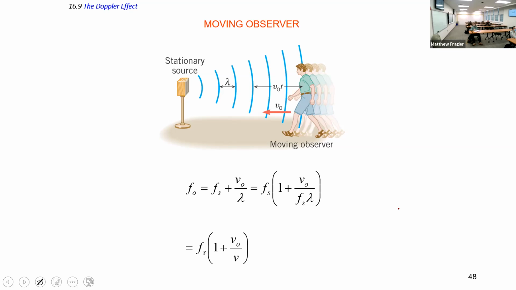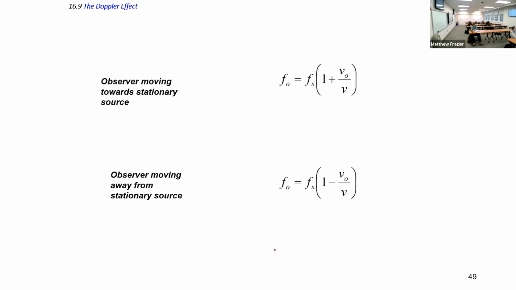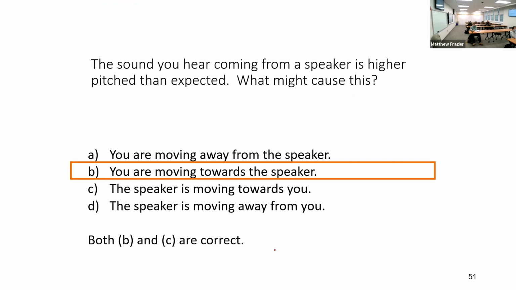And so you end up with something that looks like this. Moving towards the stationary source, it looks like these formulas. And again, if you're walking away from the source, you get a minus sign instead of a plus sign. So we're going to skip these for a moment.